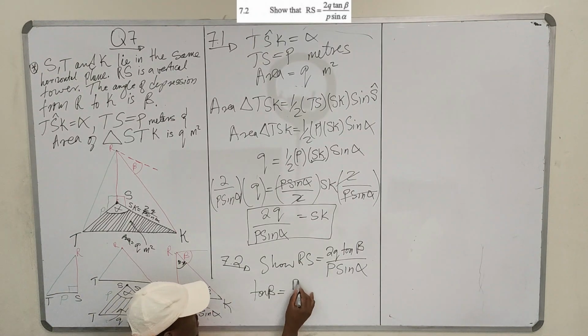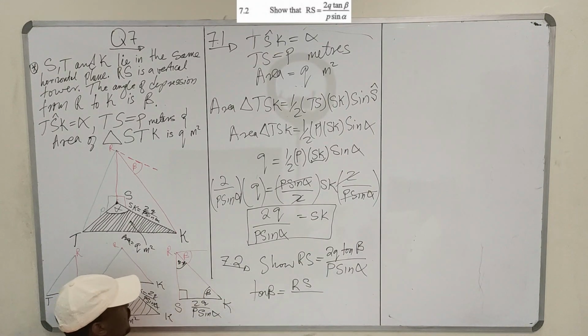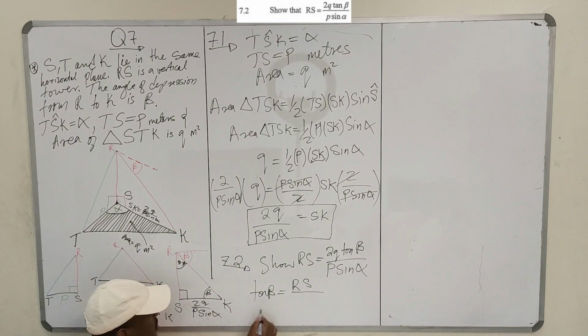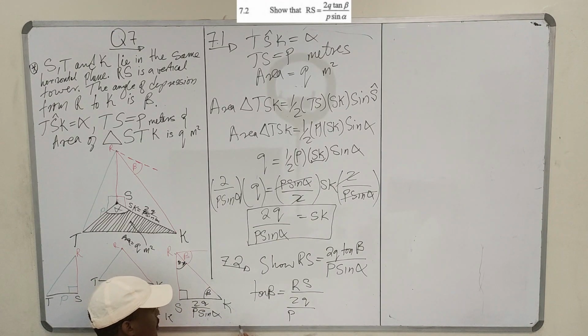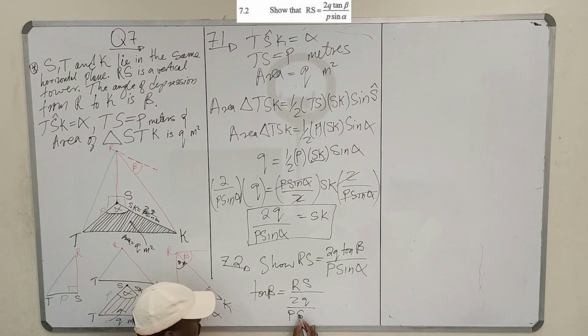RS, which is the opposite, over your adjacent side, which is 2Q over P sine alpha.